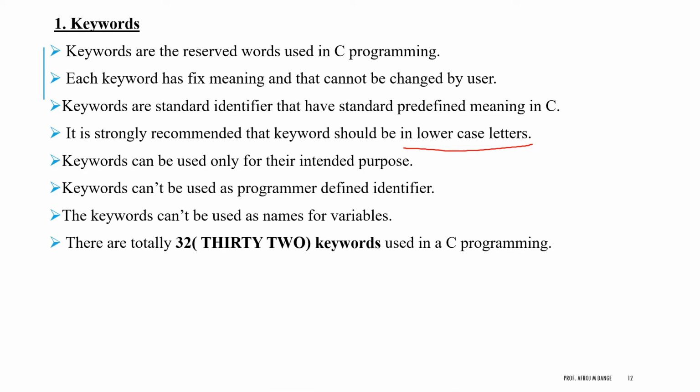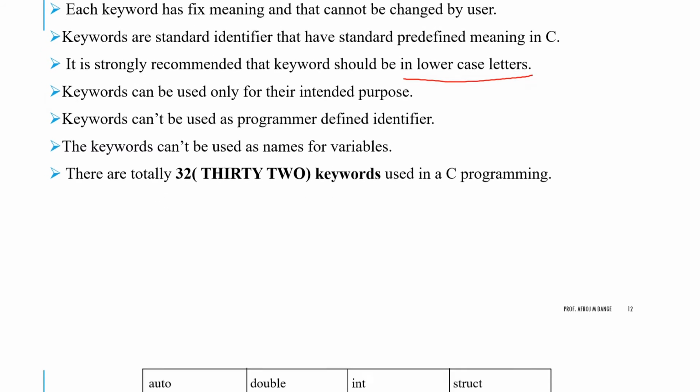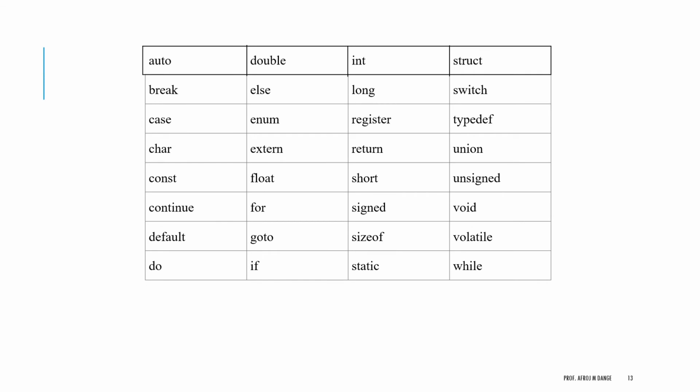There are totally 32 keywords used in C programming. Each keyword performs a particular task and we cannot use a keyword to name something or as an identifier. They have different properties.